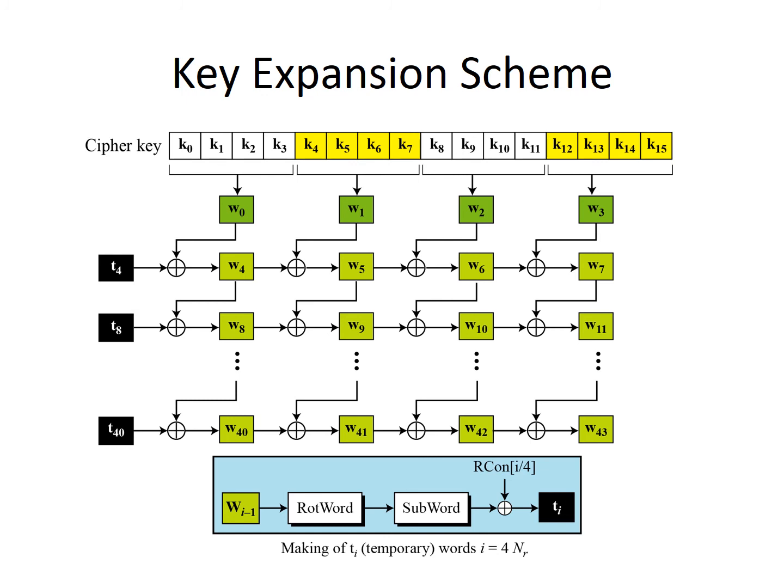So we can generate W0 to W43, that is 44 words. For that one, basically we are using 3 operations. The 3 operations are known as RotWord, SubWord and Rcon. RotWord means rotate the word, SubWord means substitute the word, and Rcon means for each round we will use a constant value. How it works we will see.